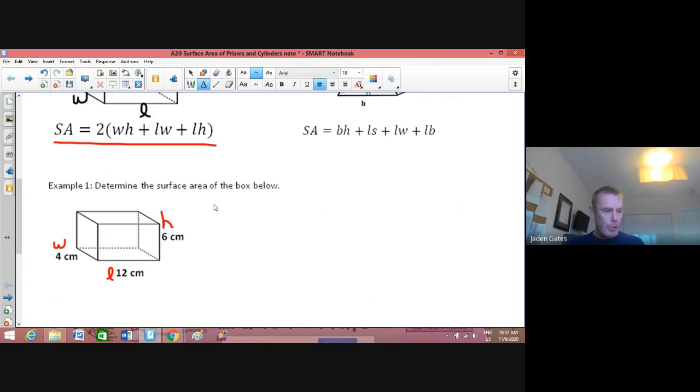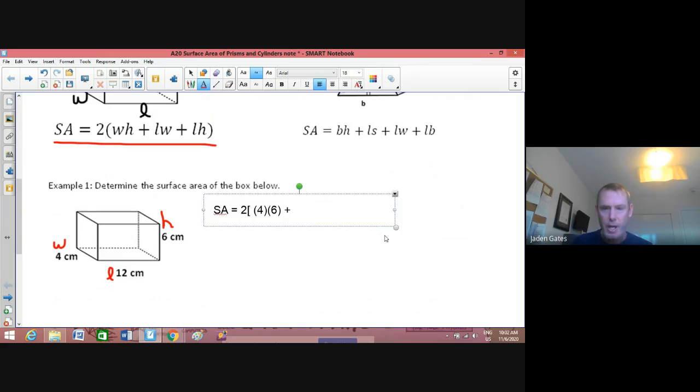I'm going to substitute into my formula. Surface area is equal to 2, and then I always like to use square brackets because I have things multiplied inside them. So I have a W times an H, which is 4, looking at my diagram, times an H, which is 6.